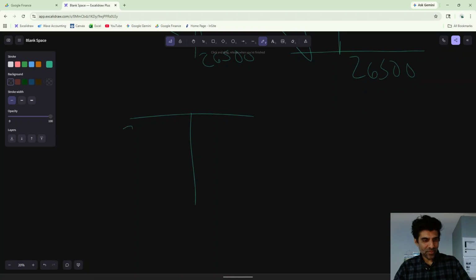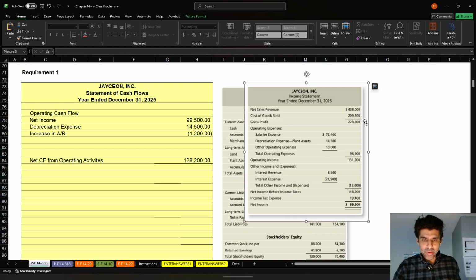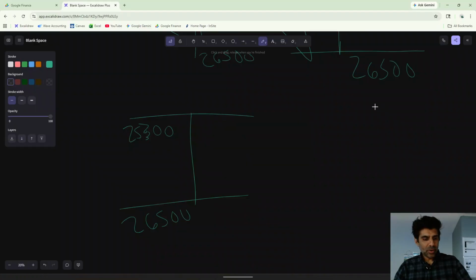So 25,300, 26,500. So if all of our sales revenue was accounts receivable, it would have been 438,000.